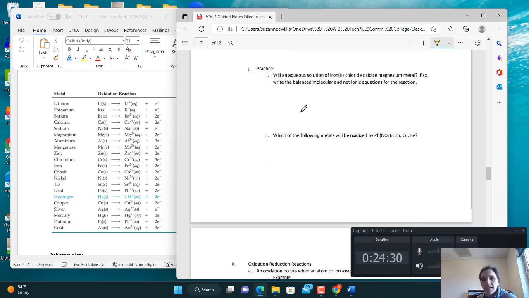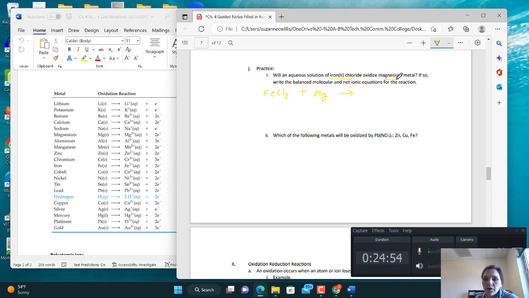So now y'all try to stop and think on your own if this will occur. Will an aqueous solution of iron 2 chloride oxidize magnesium metal? Okay, let's not worry about the oxidized word yet. We're going to learn that here in a second. But if we have iron 2 chloride, that's a compound, right? Oxidized magnesium metal. So do you see that he's alone?